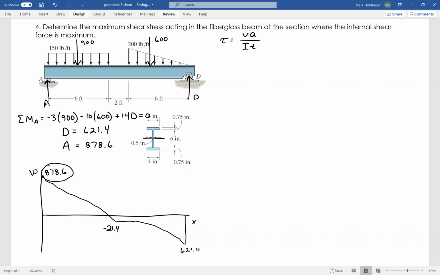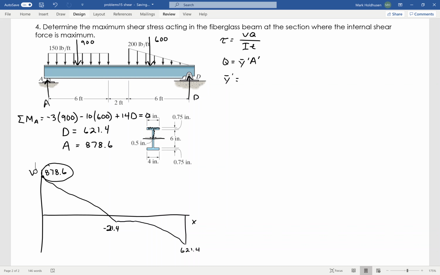So I'm looking at this area here right above that to find Q, where Q again is the centroid of that guy times the area of that guy. So the centroid of that guy, the location, I've got a T there, right? So I've got 2 triangles.